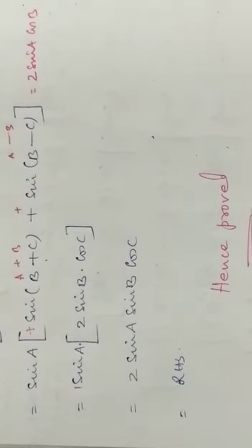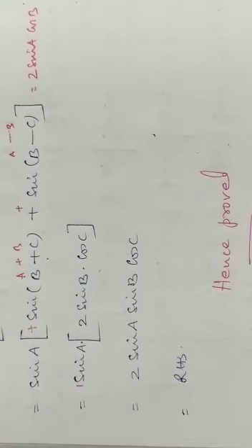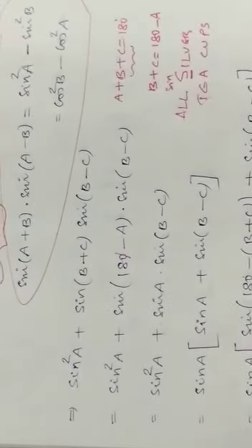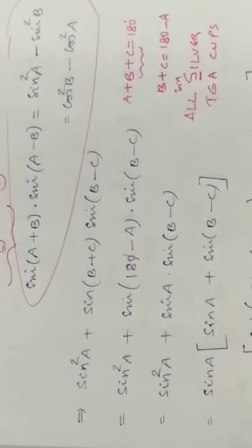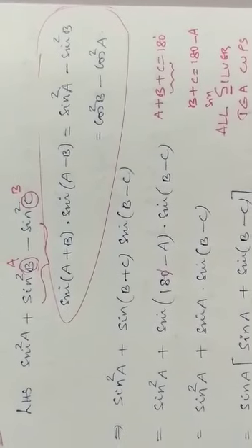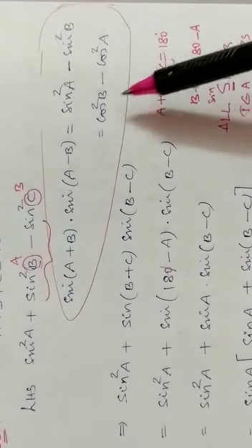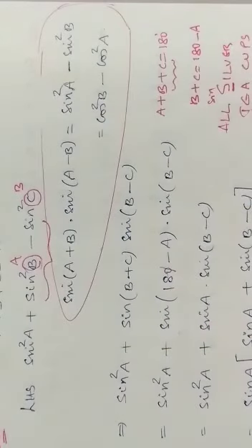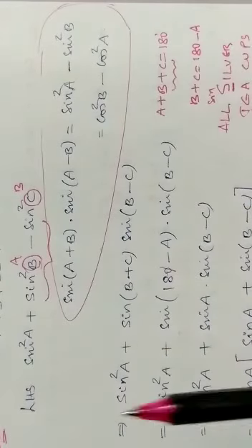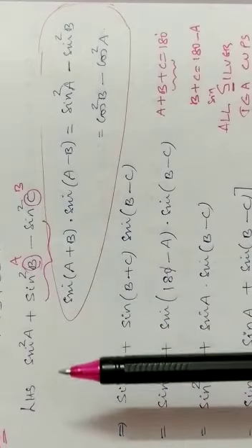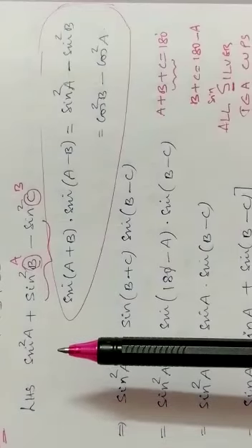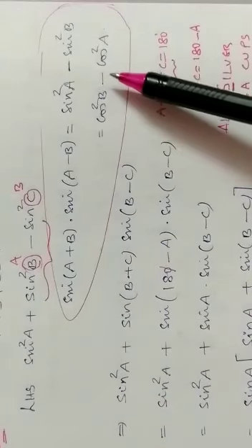See here, if you have a little glance on this problem, the technique I have used is, I have observed for which terms I can apply the formula. For these two terms I cannot apply the formula because two sin square terms or two cos square terms must contain minus in between.